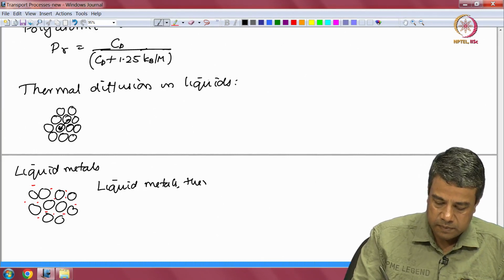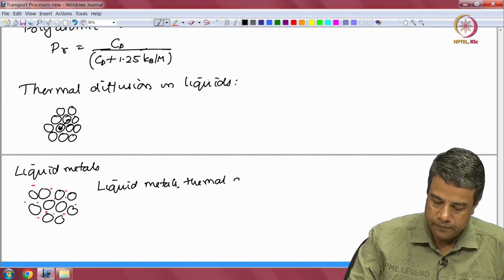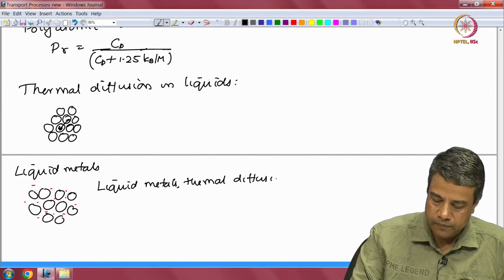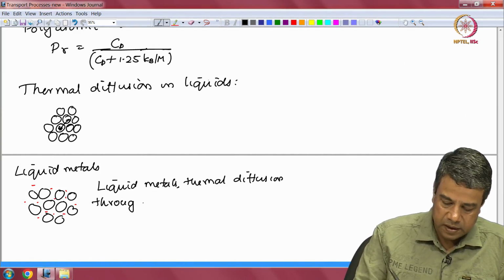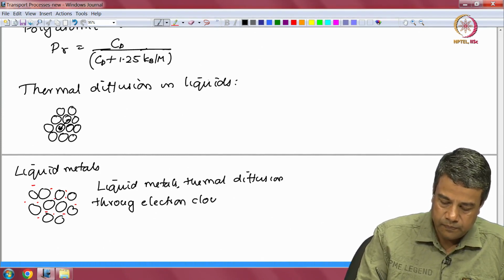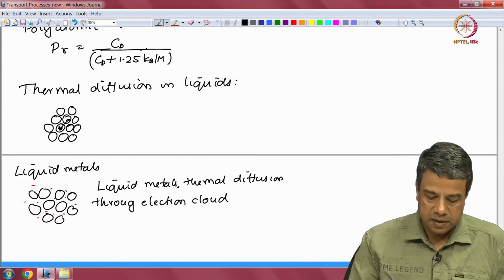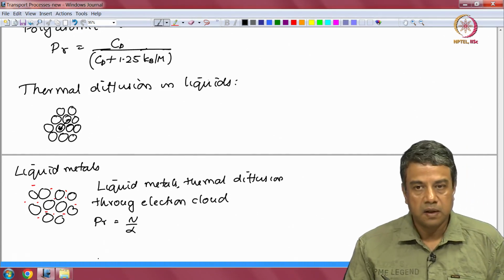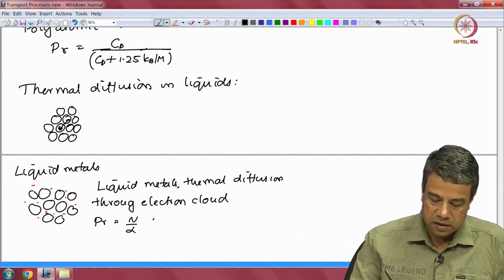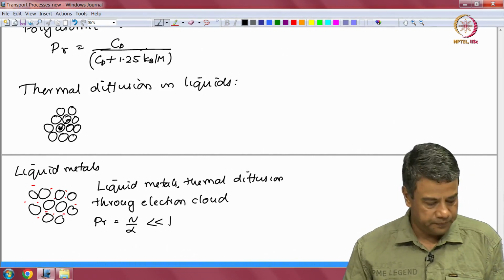thermal diffusion through the electron cloud, which means that the Prandtl number, which is equal to nu by alpha, because thermal diffusion is very fast, turns out to be much less than 1.